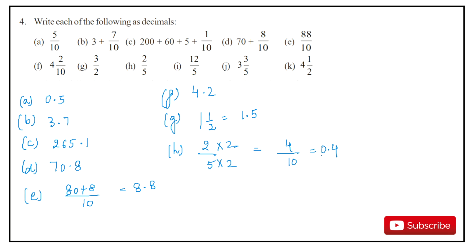So basically what we are going to do is convert the denominator into multiples of 10, 100, 1000 if we do not see any number in that place. Okay.